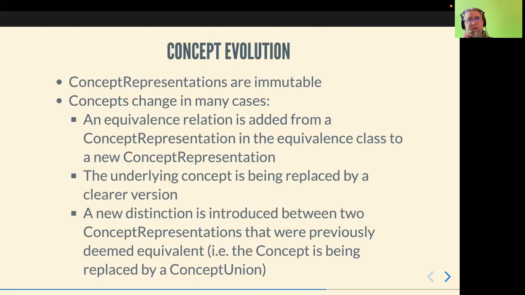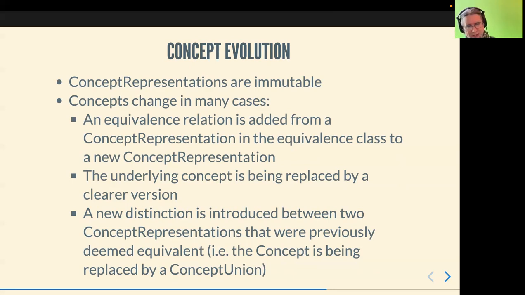Now, the important thing is what happens when a concept evolves. Concept representations are immutable. That's not a problem, but the concept changes. It can change because I'm adding a new definition to the equivalence class. I may be replacing the concept by a clearer version, not clearer as in same idea, different expression, but: this was a bad idea, let me define a slightly different but better, more useful concept and scrap the original one.